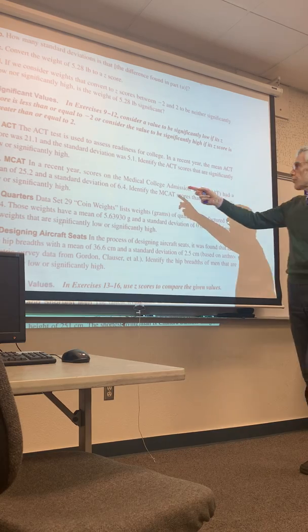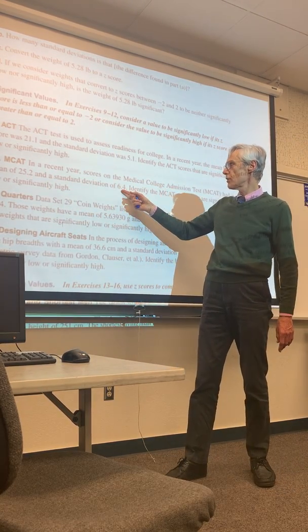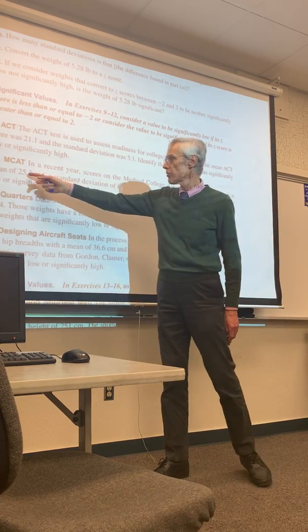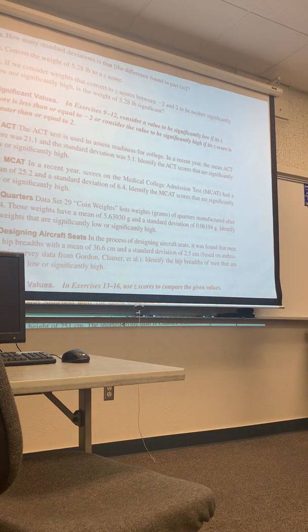So the mean plus 2 standard deviations, a score higher than that would be significantly high, and the mean minus 2 standard deviations, below that would be significantly low. One standard deviation above the mean has a z-score of 1. Two standard deviations above the mean has a z-score of 2.